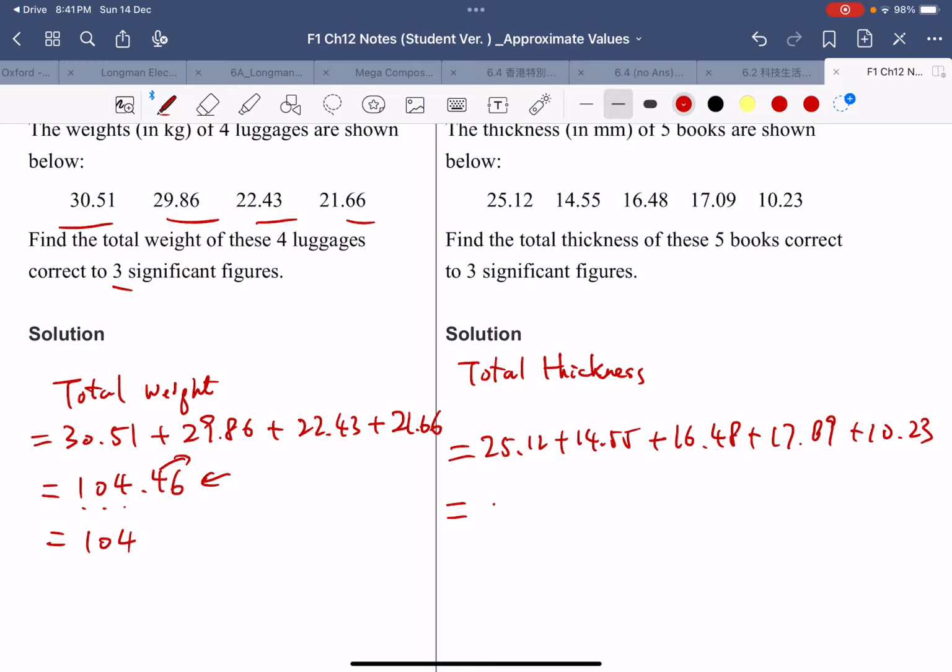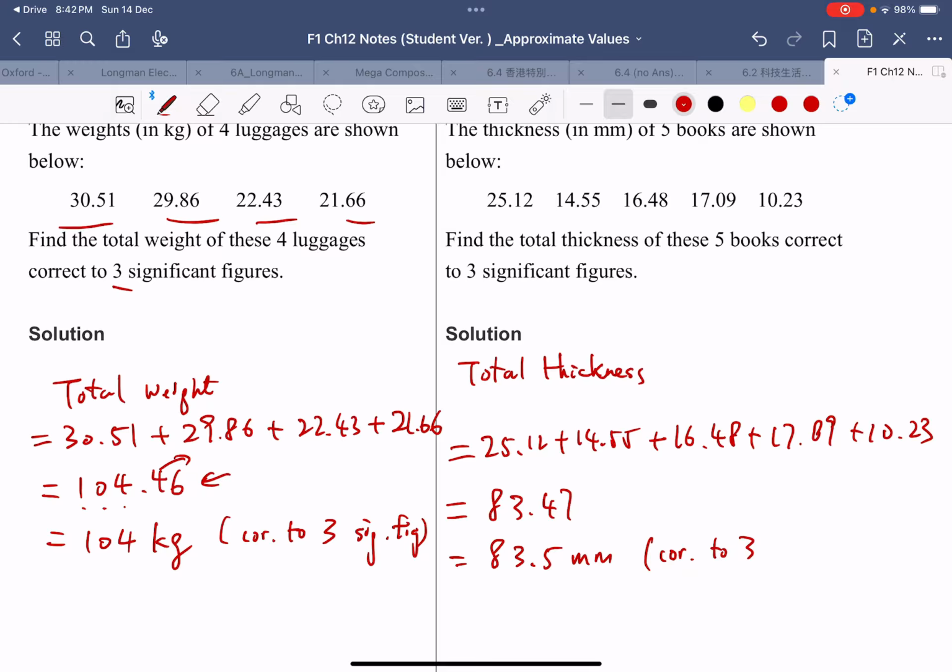And the result would be this. Then you need to correct it to 3 significant figures, so it would be 0.5 mm. Alright, I missed the unit here. And write down correct to 3 sig fig to complete your answer.